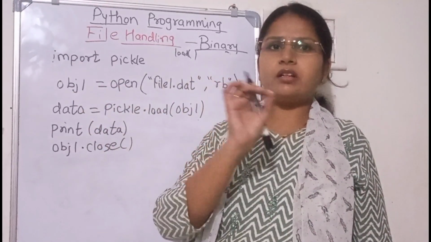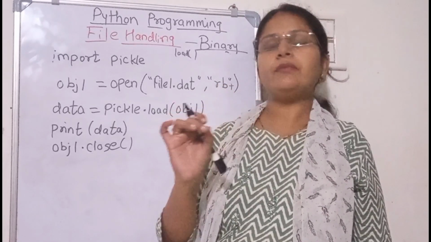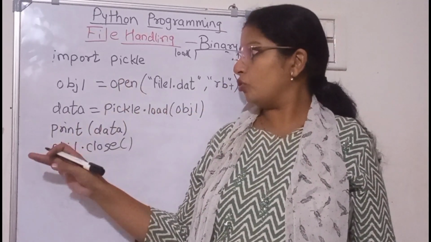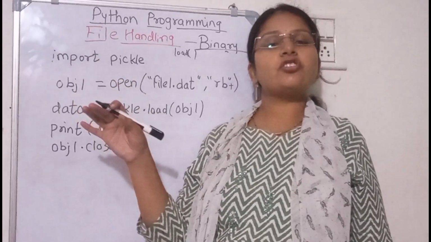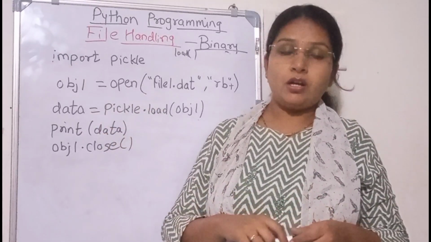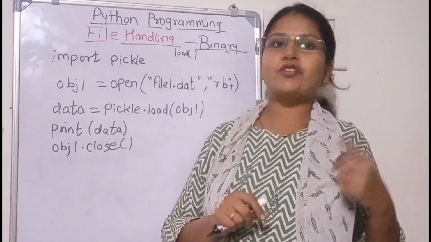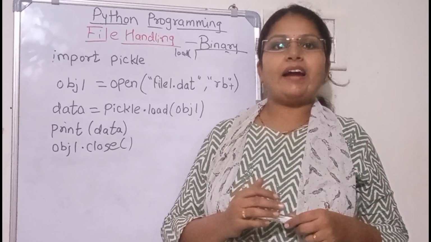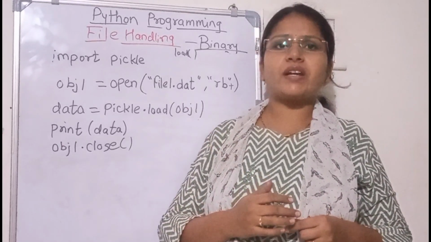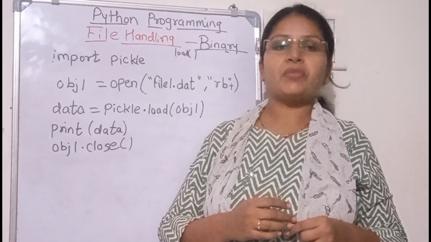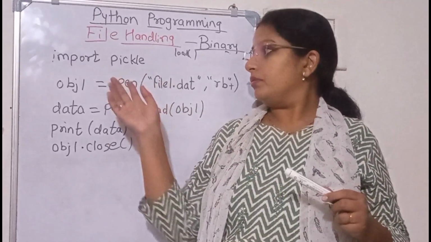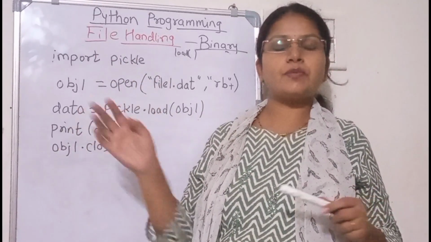There is a little difference between text and binary file, which I have already mentioned. And in the next session we are going with the CSV, comma separated files. We are going to learn about this and some extra modules in file handling. So till then you can just revise this part.